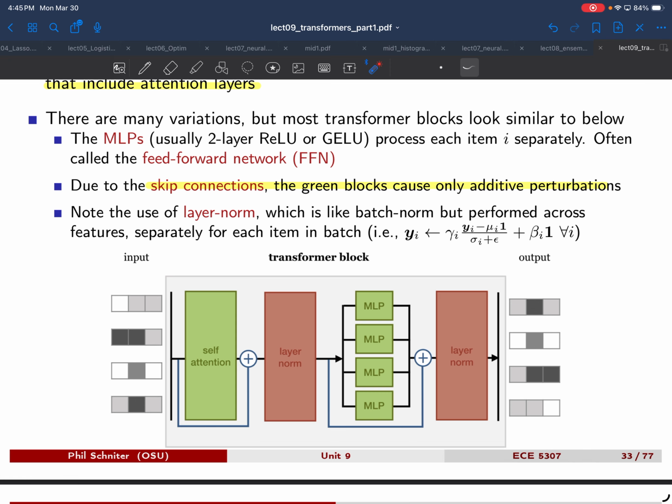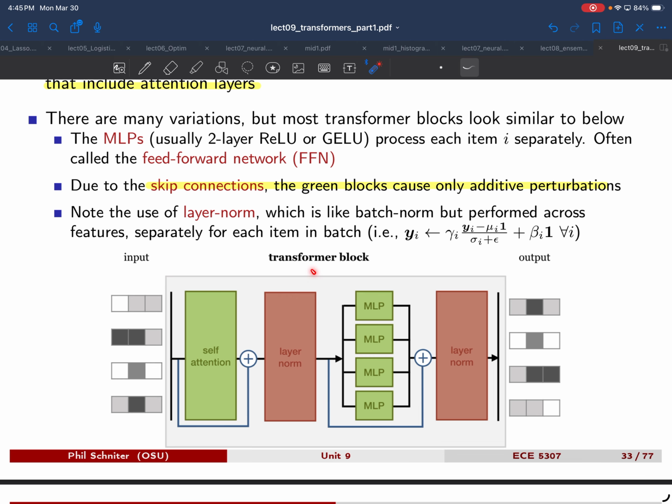So very similar to batch norm, this is where you're subtracting the mean, dividing by the standard deviation, and then you're scaling and shifting by some learned parameters to get your outputs. There's actually kind of a typo in here. I'll upload a corrected version. But basically it works a lot like batch norm, just on features rather than batches.